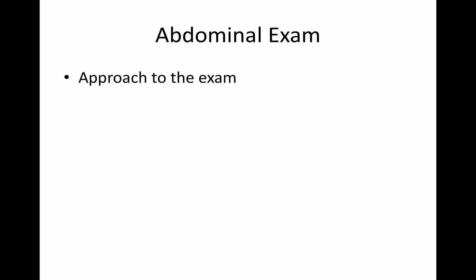You want to have them lay down flat on the table. You can bend the knees slightly. That can help. And if someone's in pain, be gentle with the exam and gain trust with the physical exam before going right away to the most painful spot.